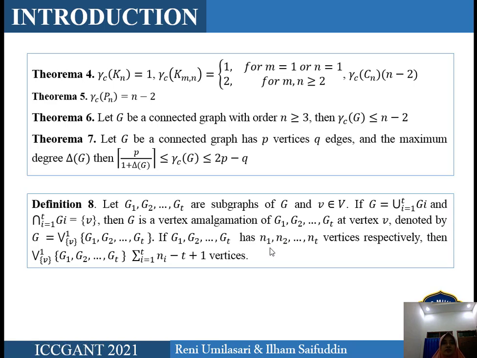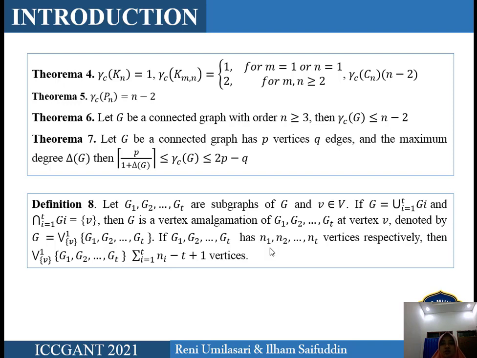And then some previous results. The connected domination number of a complete graph is equal to 1, and the connected domination number of a complete bipartite graph is equal to 1 if m equals 1 or n equals 1.